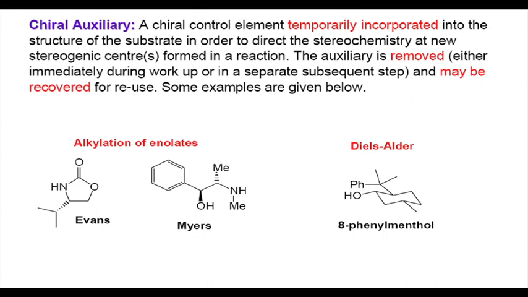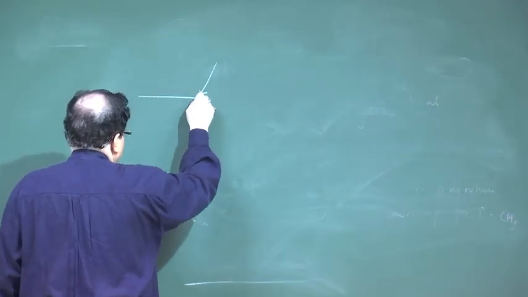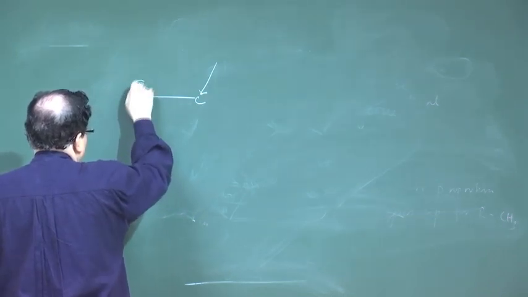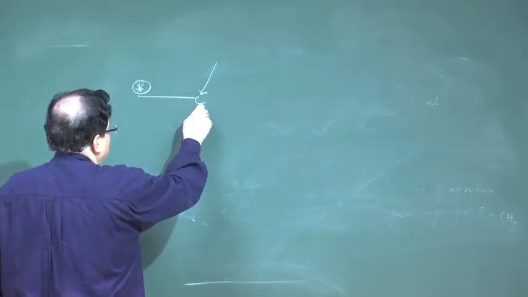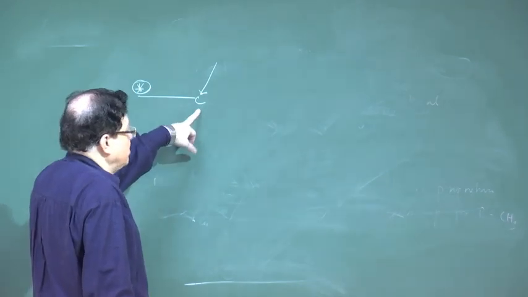One is that in your starting material, wherever you are doing the reaction, suppose here this carbon, you have a built in asymmetric center somewhere, and that then controls the asymmetry that is generated at the neighboring carbon.